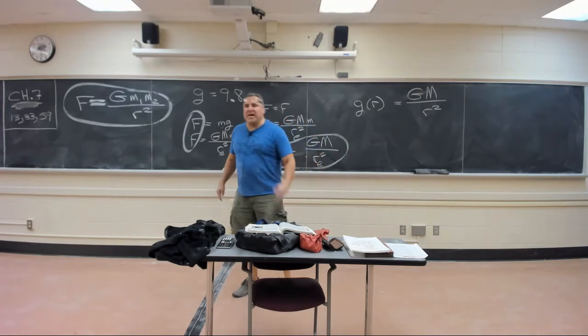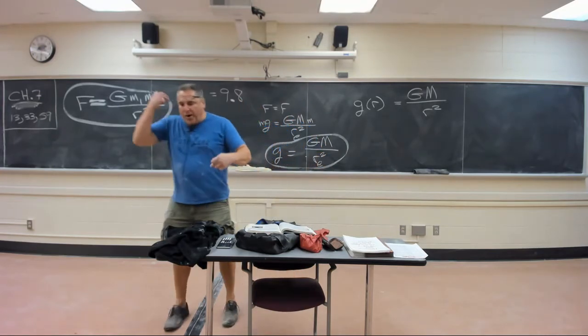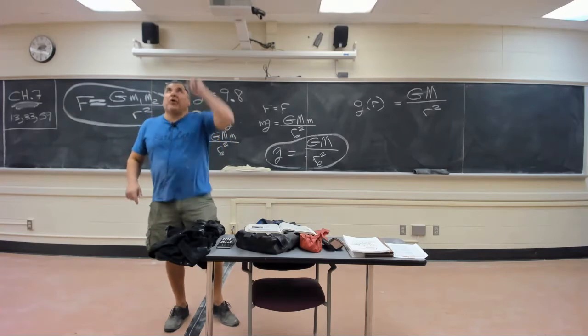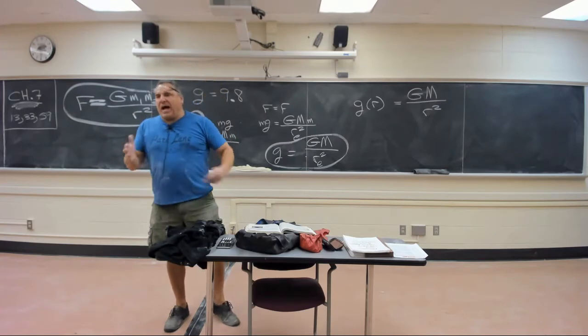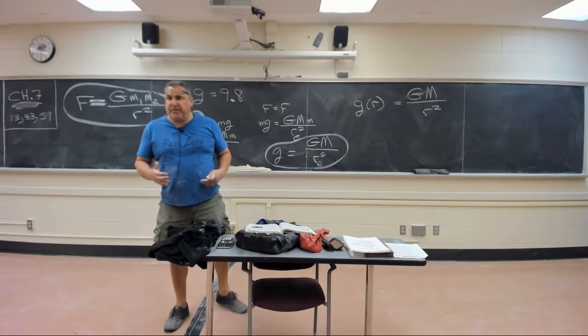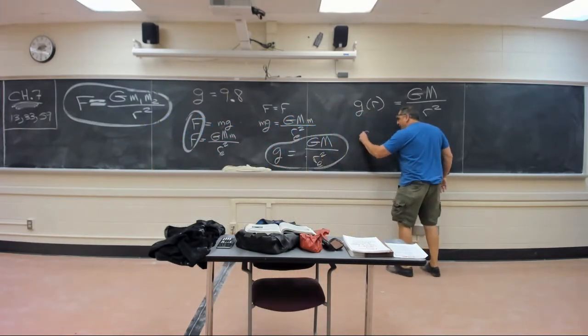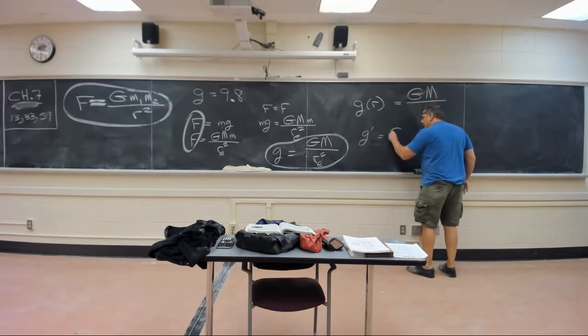I am right now 1 radius of the Earth away from the center of the Earth. What if I go another Earth radius up that way? What kind of gravitational pull am I experiencing? Well, if I went twice as far away, the g in that instance is called g prime. It's not the g we're used to.